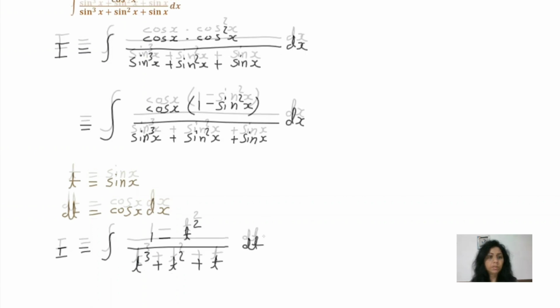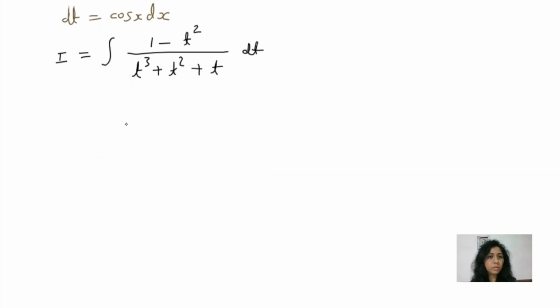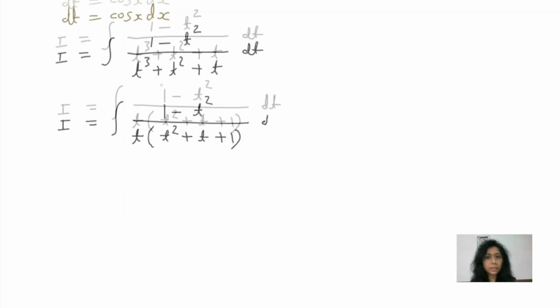Now we can take common from the denominator: here 1 minus t square, and from the denominator we can take common t, so this is t square plus t plus 1 dt.